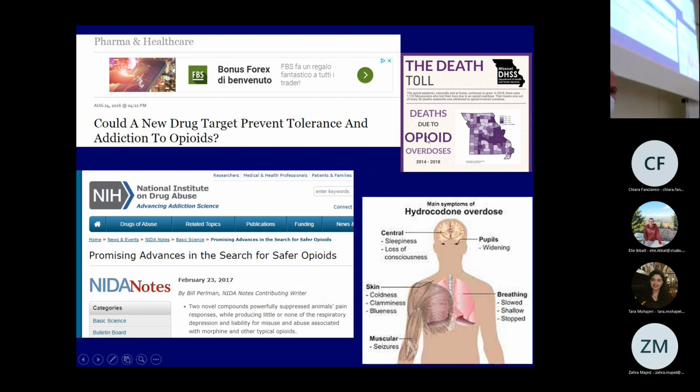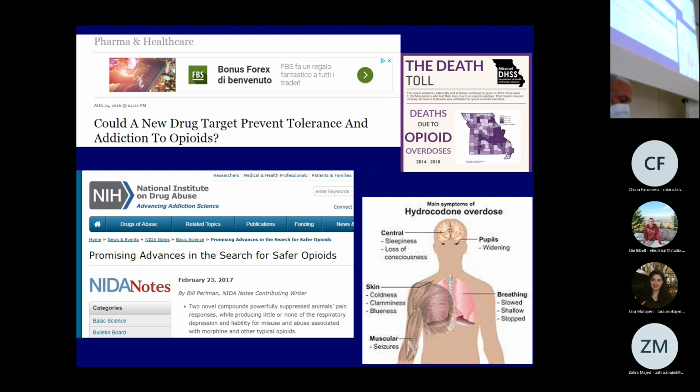Here you can see another title, deaths due to opioid overdoses. Overdoses means that we can reach a high dose because we have to counteract the tolerance of the patient, and we reach the block of the respiratory centers. This is a typical way during the treatment in hospital.